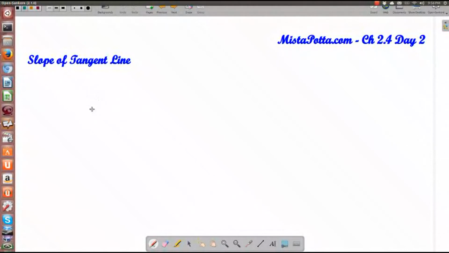So, when I find this instantaneous rate of change, this is similar to what we were doing with the average rate of change. Remember that the average rate of change gave me the slope of a secant line. But the instantaneous rate of change is going to give me the slope of the tangent line.